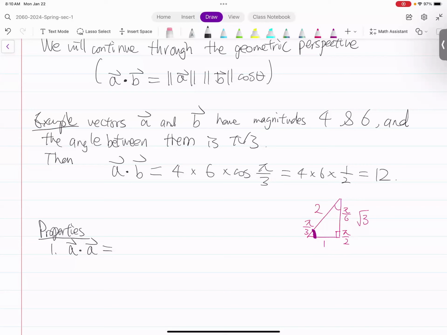Okay, so now we have A dot A. If we have two identical vectors dotted with each other, then we know that the magnitudes are going to be the same, right? But now there's a cosine of the angle cut between them. Now, what's the angle between two vectors that are identical? 0, right? So cosine of 0 is something really simple. It's just going to be 1. Okay? So then you will just have the magnitude of A squared.